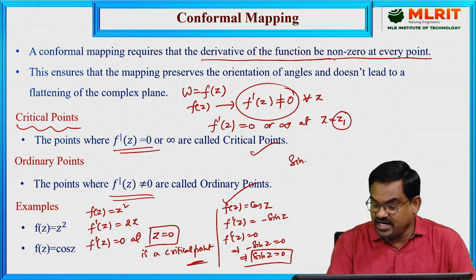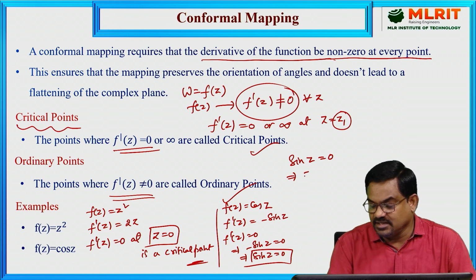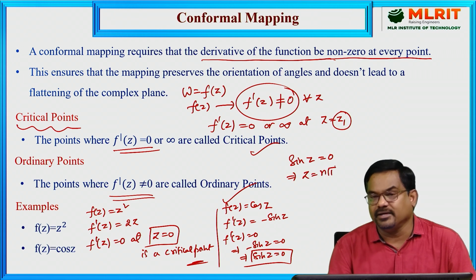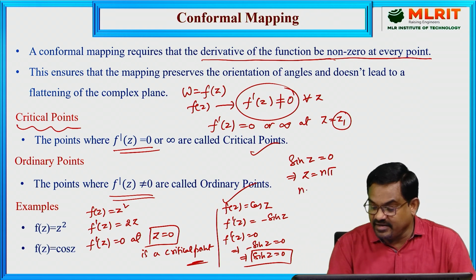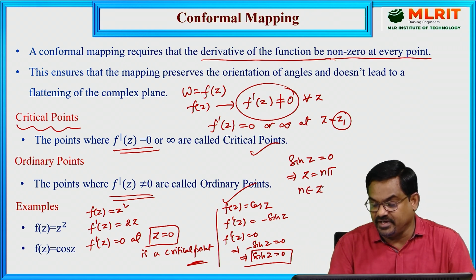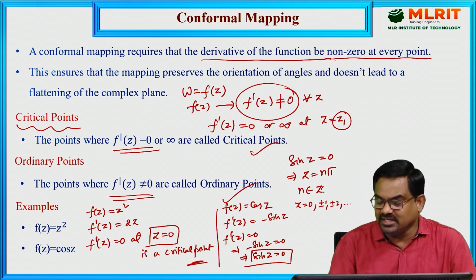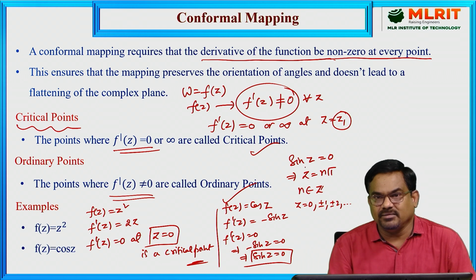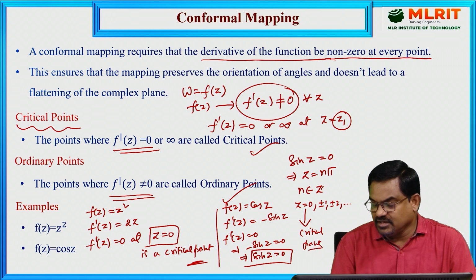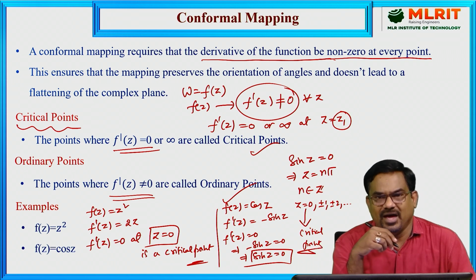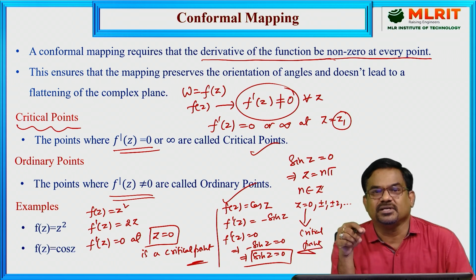So sin z equal to 0 implies z can be n pi, since sin becomes 0 for the angle n pi, where n belongs to Z, the set of integers. So z equal to 0, plus or minus 1, plus or minus 2, and so on. For all these values, the sine function vanishes. Hence, these are the critical points. So what are the critical points? The points at which the derivative vanishes, or the derivative becomes 0.